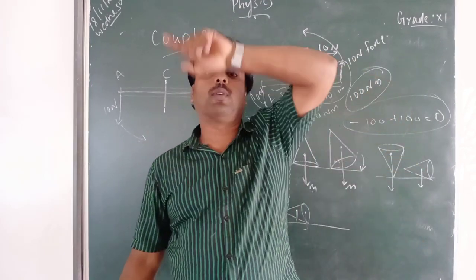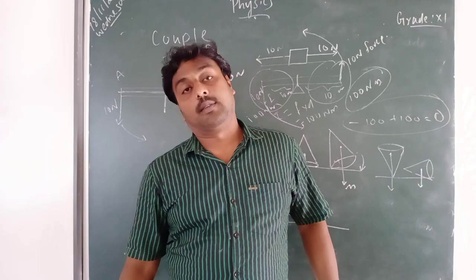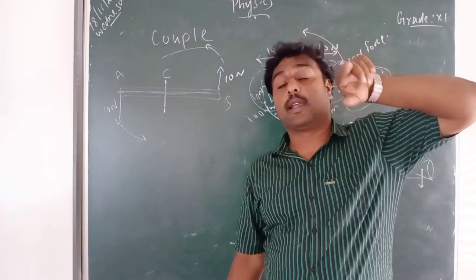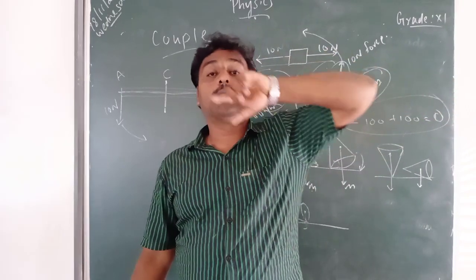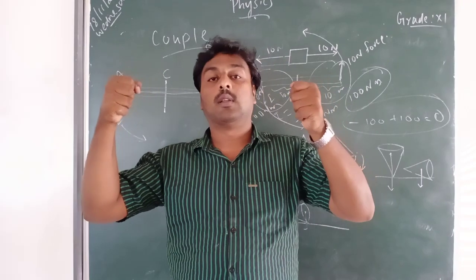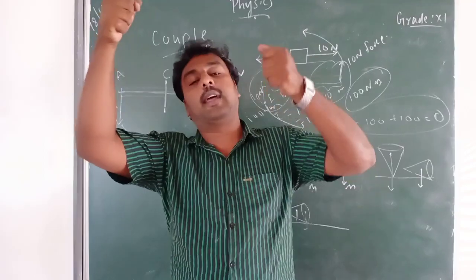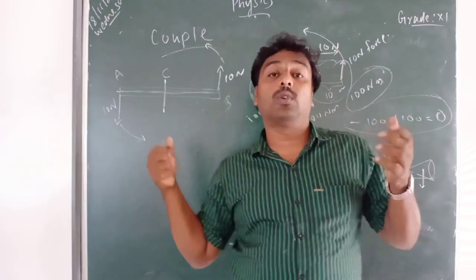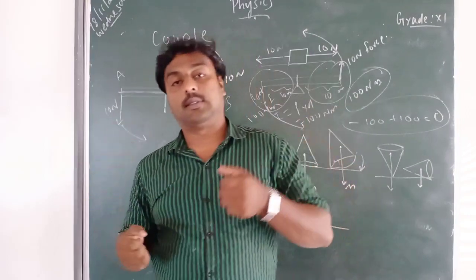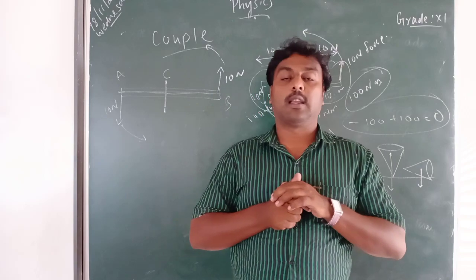So it is in a state of rotational equilibrium. There is a turning effect given by these two forces applied by the right hand and the left hand. A pair of forces is applied on the steering to rotate it. That is what we call a couple.